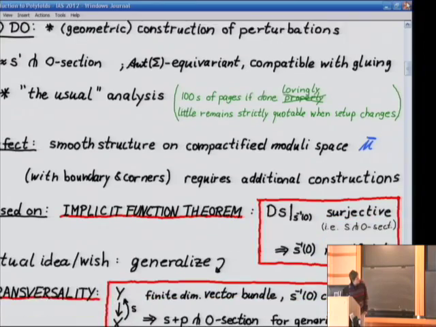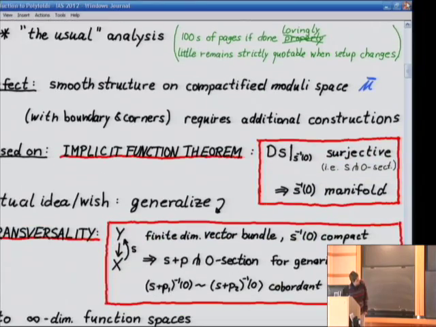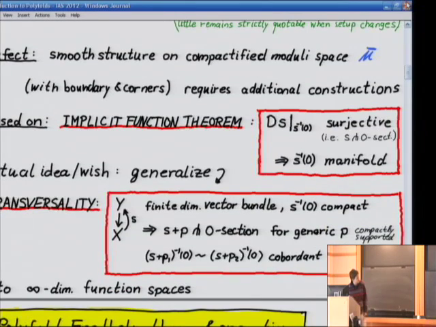Right? But really, there's sort of a different finite dimensional transversality result that this is really somehow the black box that we'd like to stick our moduli spaces into.